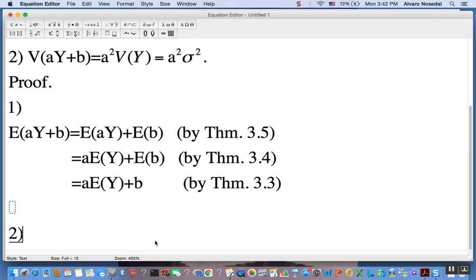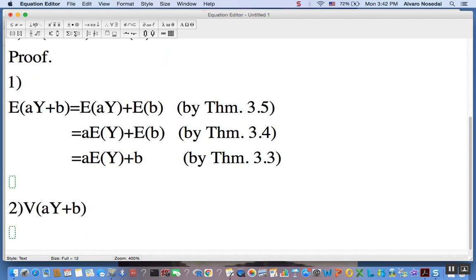Let's show part 2. It's similar, but in that case we want the variance. Okay, let's try and do the same. So first let me label this a times y plus b. Let me relabel that as a random variable w.